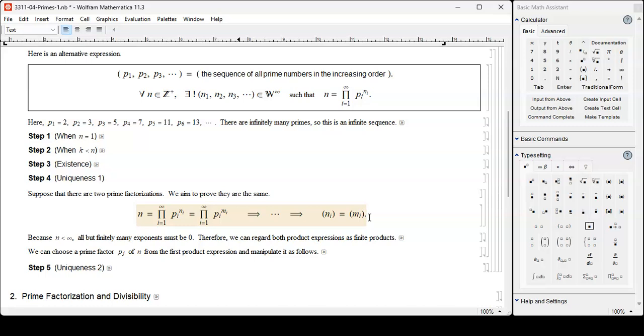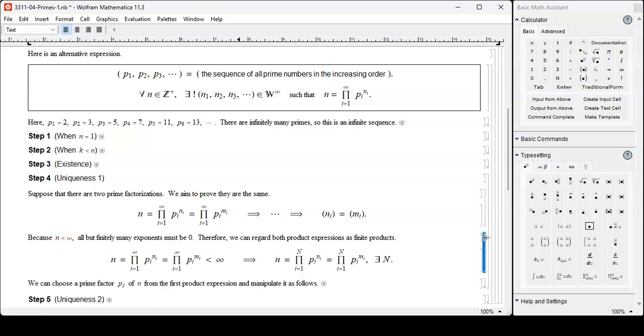Okay, how do you prove those? Well, let's make this observation. n is finite. So even though these are all infinite product expressions of infinitely many primes, in reality those are actually finite products, because except for finitely many exceptions, all the powers should be 0, so we have a bunch of 1s only.